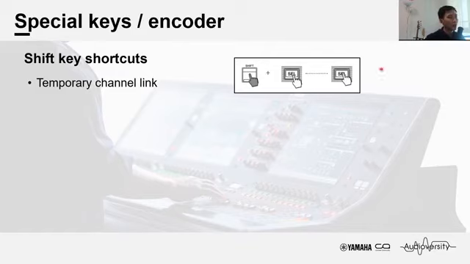You can do a temporary channel link, quickly set up your rough vocal EQ, and then from there you can tweak. So let's say you link those 8 channels, you do your EQ, it will be applied across all 8 channels, and then you can do rough compression, and once the vocalists or the announcers come in, you can slowly tweak your threshold, and tweak your EQ a bit more from there. So that will be temporary channel link.